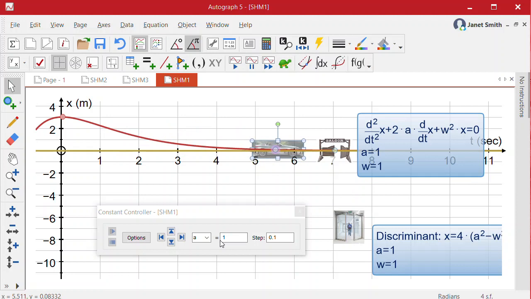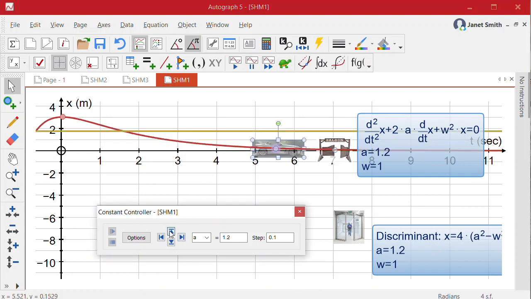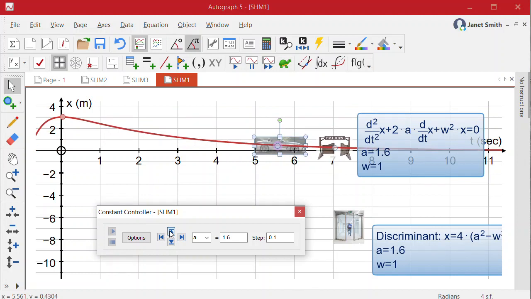The last case is where the discriminant is positive, so our a value is bigger than the omega value. Let's see what happens there. This is a case of heavy damping, and we can see that it doesn't oscillate and it's taking a little bit longer to get back to the equilibrium position.